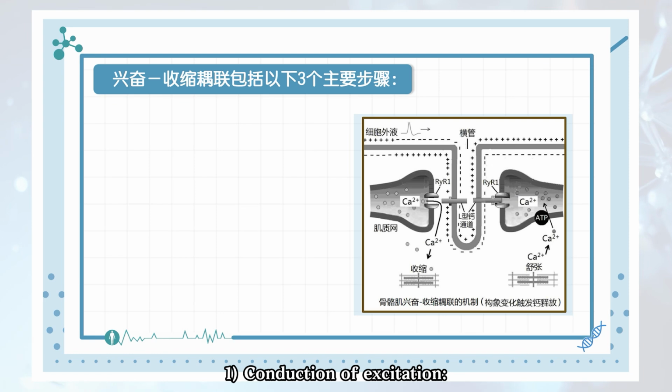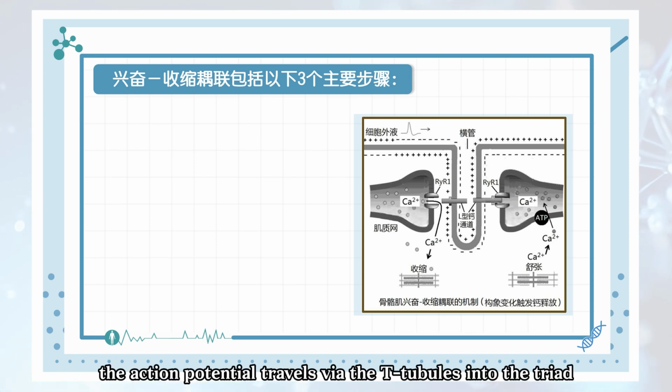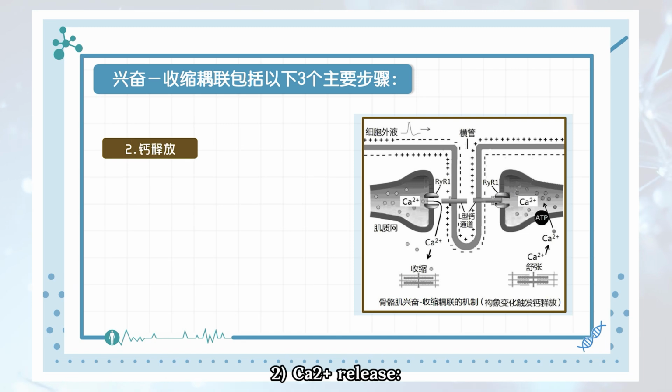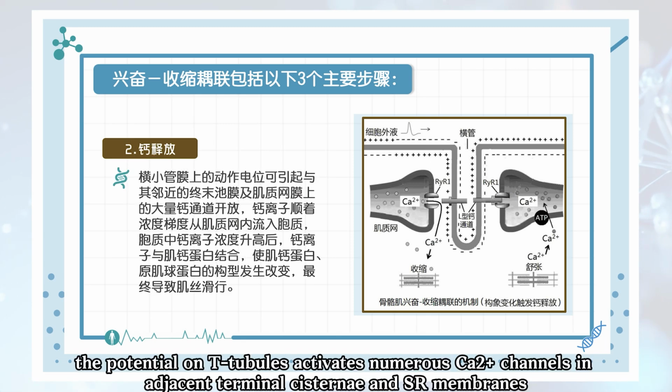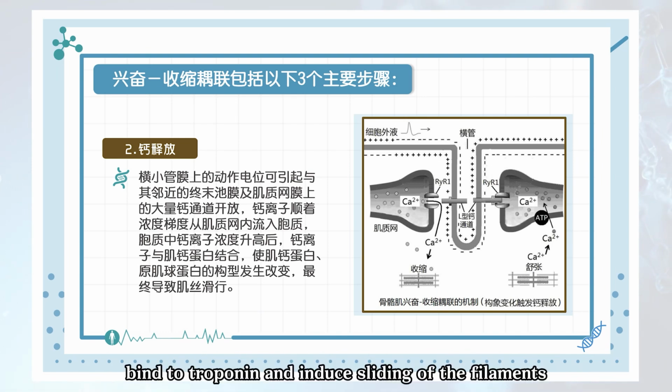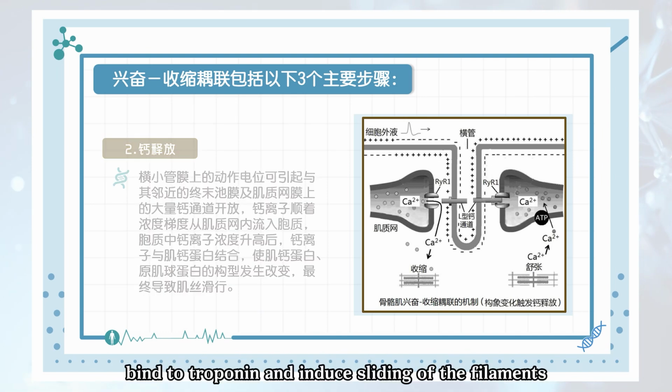1. Conduction of excitation. The action potential travels via the T-tubules into the triad, penetrating deep into the muscle cell interior. 2. Ca2+ release. The potential on T-tubules activates numerous Ca2+ channels in adjacent terminal cisternae and SR membranes, causing Ca2+ to flow into the cytosol down its concentration gradient, bind to troponin and induce sliding of the filaments. 3.